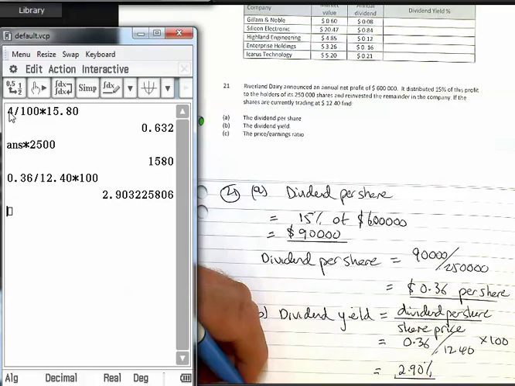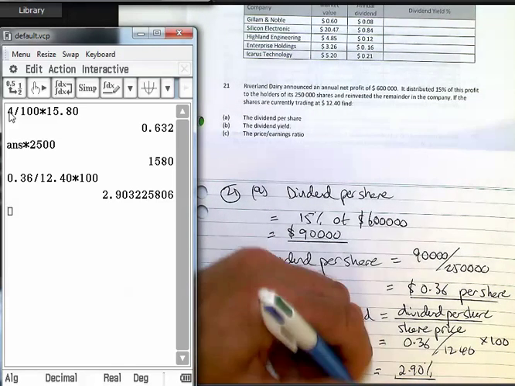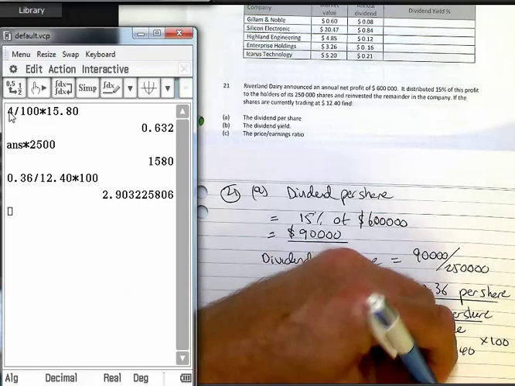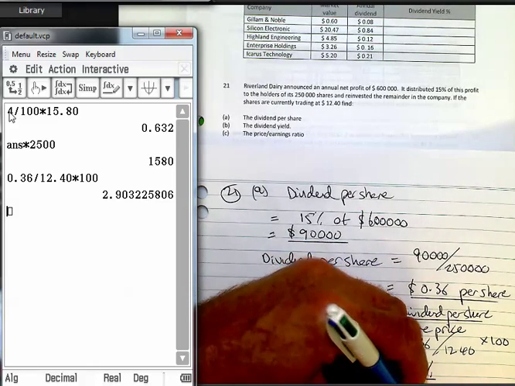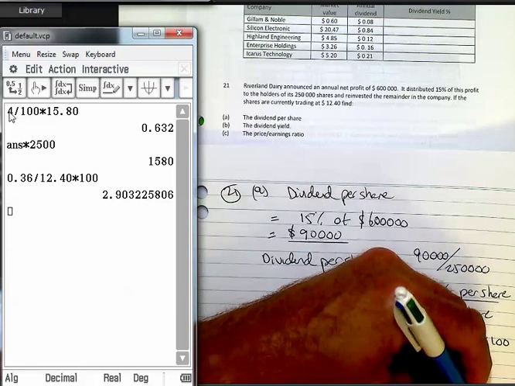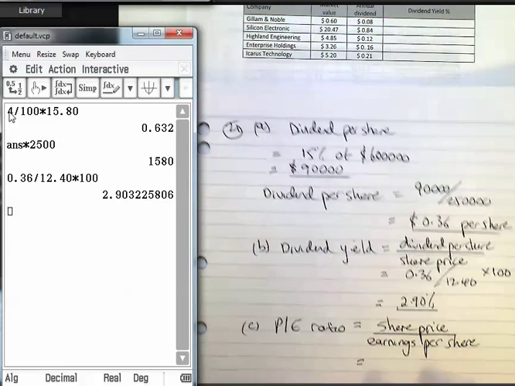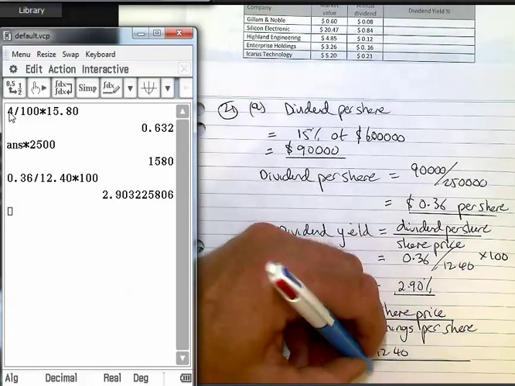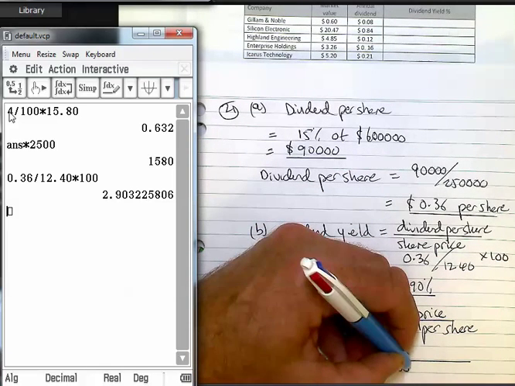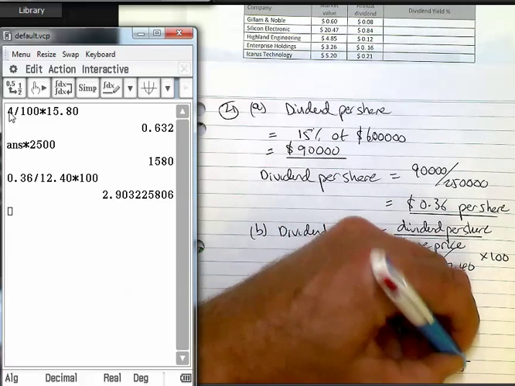Now in part C, you're asked to find the price to earnings ratio. And that's equal to the share price divided by the earnings per share. Now the share price in this instance was $12.40, and that's divided by the $600,000, the total figure, divided by 250,000.